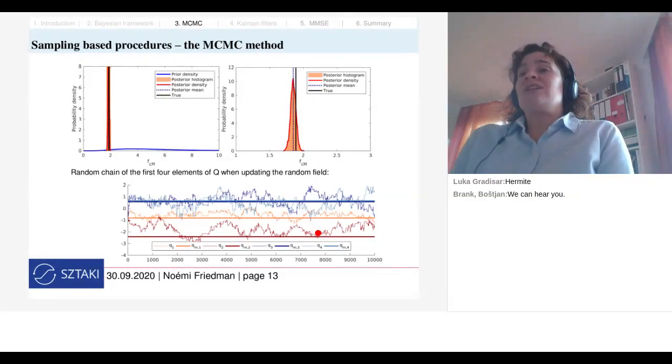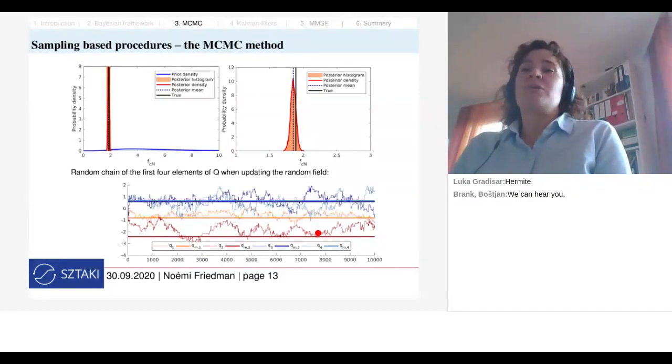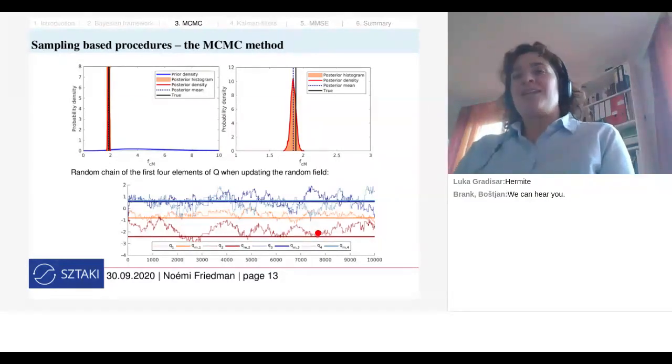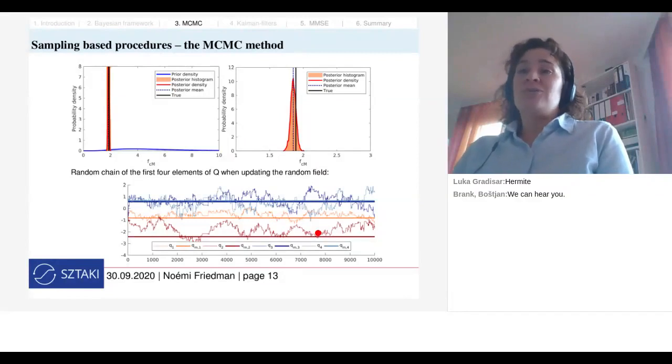But this should really reflect your knowledge. You actually put your subjective knowledge about the problem inside the computations. And if you're wrong, you will get wrong results, okay? There's no wonder. So this will be a reflection of what you think.